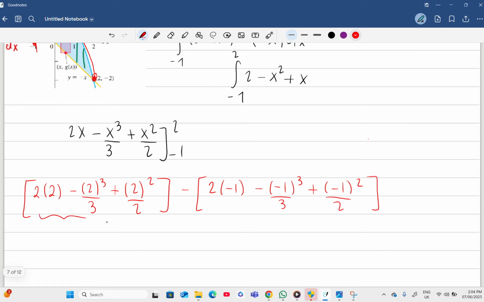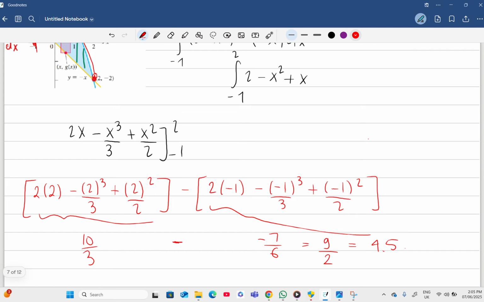So when we do this one on the calculator we get 10 over 3, and after we do this one on the calculator, what do we get? We get -7 over 6, and don't forget we are subtracting them. So 10 over 3 minus -7 over 6 is 9 over 2, which gives me 4.5.